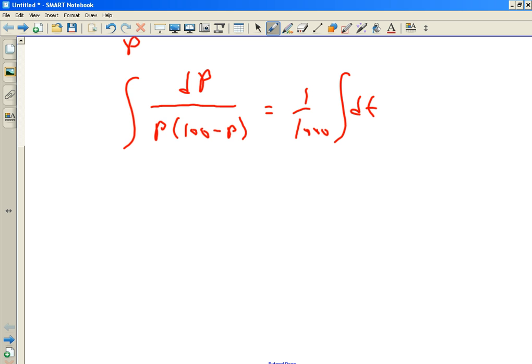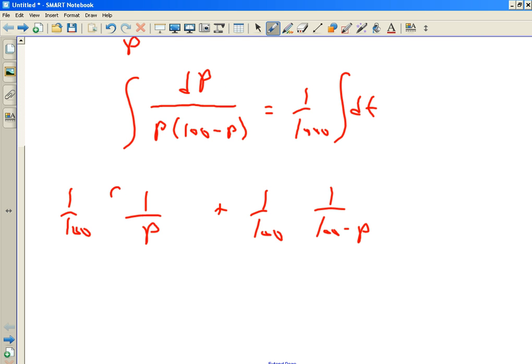I'm going to write it as 1/100th of 1 over p plus 1/100th of 1 over 100 minus p. So I don't have the integral here, and I don't have the dp yet.